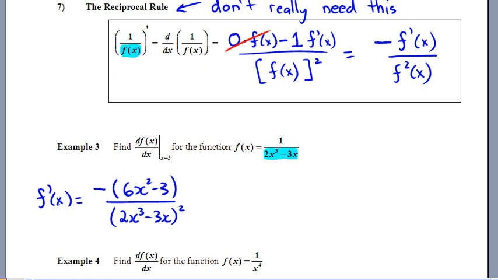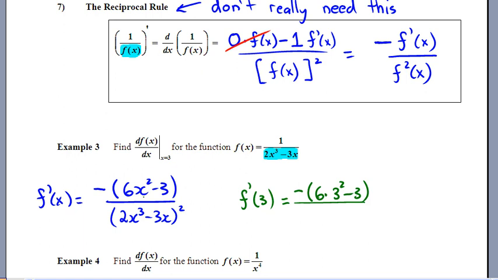Now, they're saying, well, that's nice, but can you use this one time? Like I was saying before, often we only use these once, and we're going to use it once when x happens to be 3. So you'd say, oh yeah, sure. Not a lot of point simplifying the algebra if you're just going to use this one time with x being 3. Now you would substitute stuff in. Okay, negative, 6 times 3 squared minus 3.